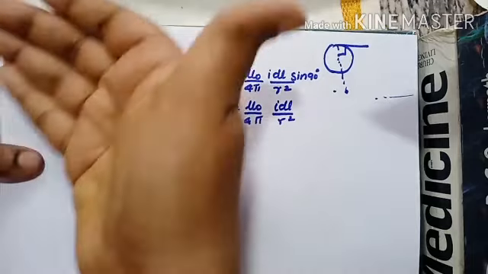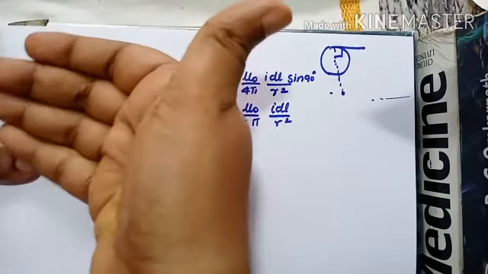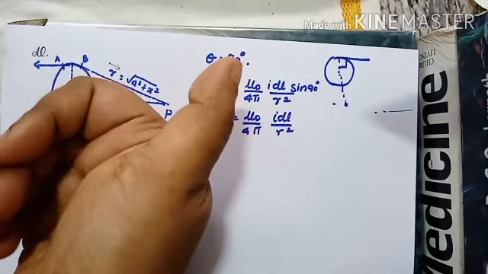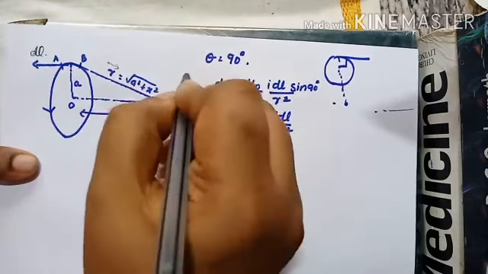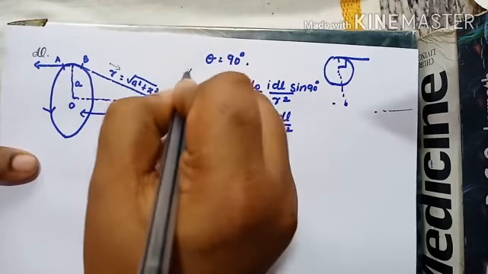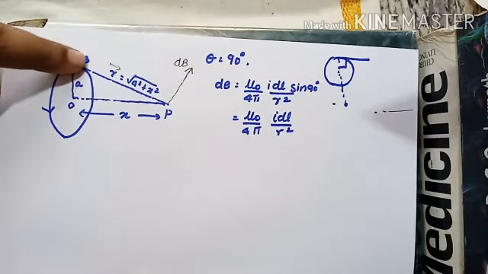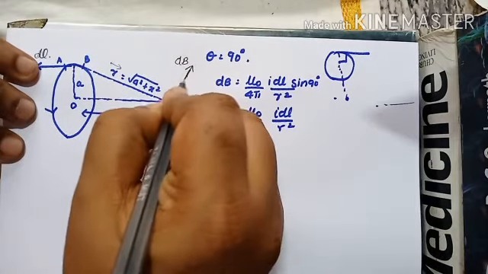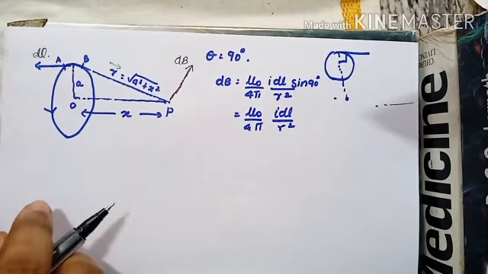Take your palm, take the direction of dl, take your fingers, turn them in the direction of r. Your thumb gives you the direction of B. So this is the direction of dB due to this element. I hope this much is clear. This is the direction of dB due to the above element.